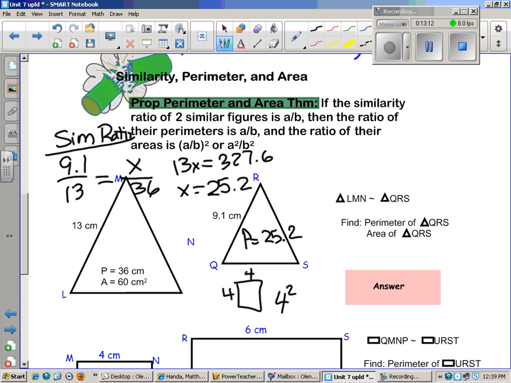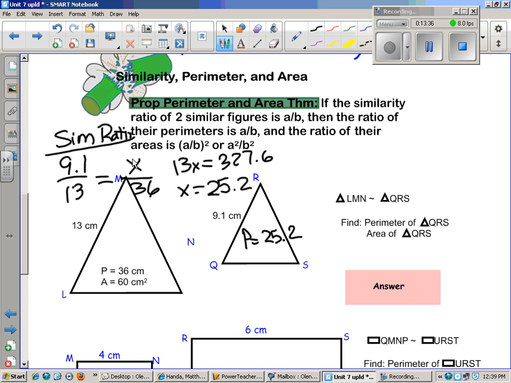Right? And the result is going to be square centimeters or square inches or square some unit. Okay? So, area is no longer just comparing centimeters to centimeters. We're comparing square units.